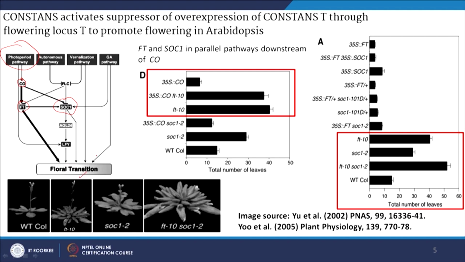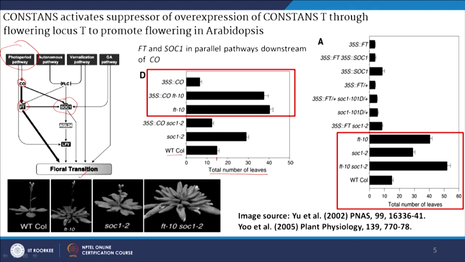How to establish this? If you look at this mutant phenotype, here the total number of leaves is counted when the transition occurs. If you have more leaves, then it is delayed flowering. If you have fewer leaves, then it is early flowering. In a typical wild type plant, they usually make approximately 15 rosette leaves before they transit from vegetative phase to reproductive phase.